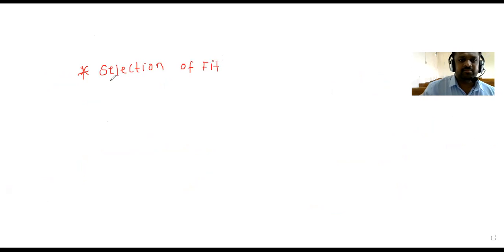In the exam, one trick is there to identify the fits. Suppose in the exam they will ask a question like this.